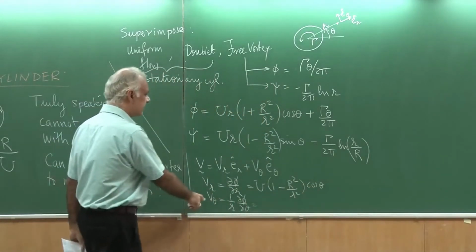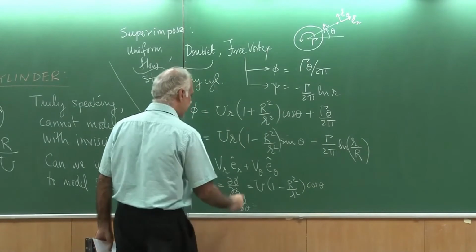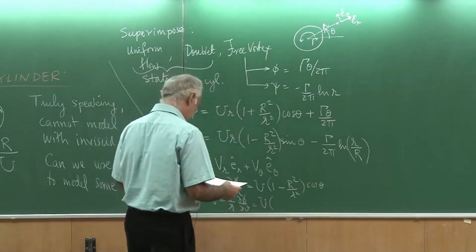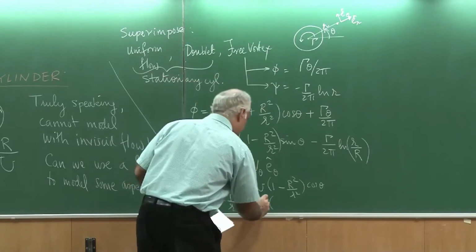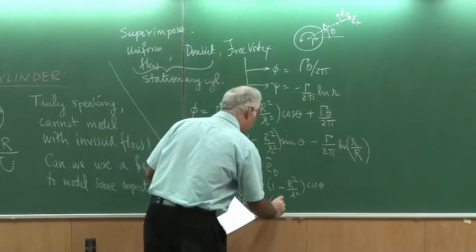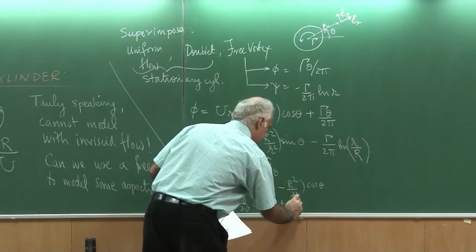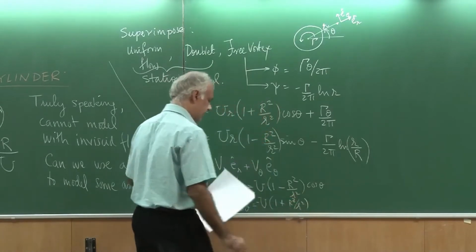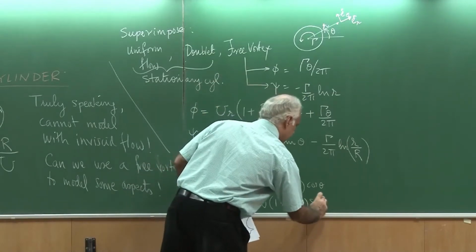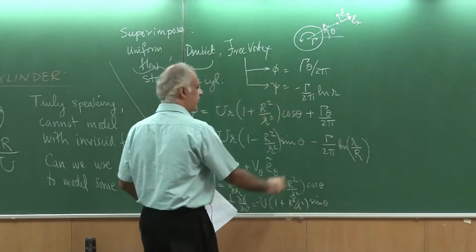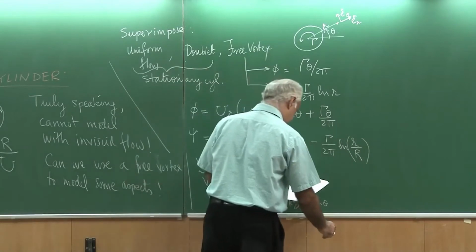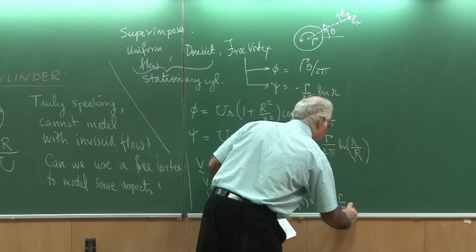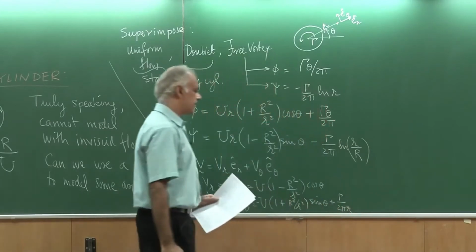And for V theta, I would again get a u, so minus u times 1 plus R square by small r square, sine theta, and from the last term I would get a plus gamma by 2 pi small r.